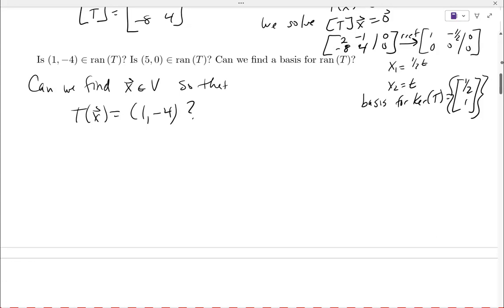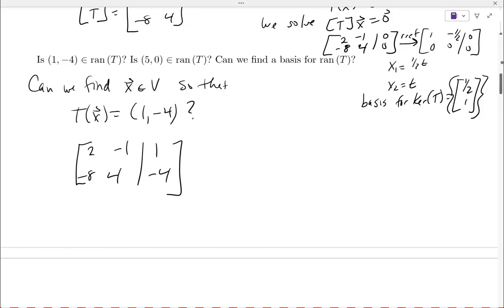Okay. What do you think we need to do? Yeah, do the same kind of idea that we just did, just change the 0, 0 vector to what? 1, -4. All right. Do the same exact thing. Can we solve that system?